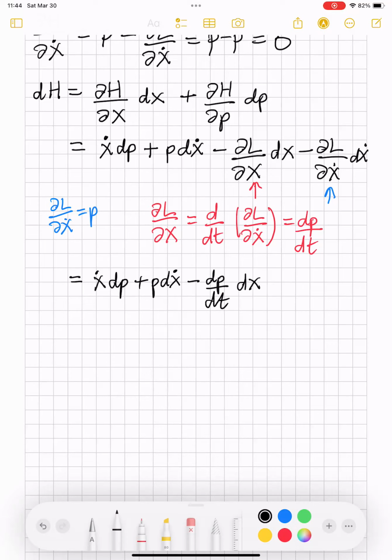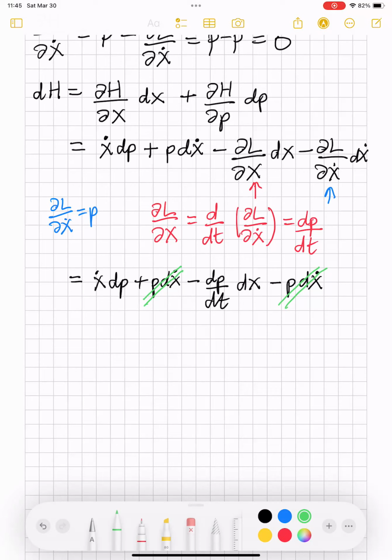And for the last term, I've got minus p dx dot by the blue replacement. This is nice. So this dx dot term over here cancels against that dx dot term over there. And I like that because I know that the Hamiltonian should not depend on x dot. So dH should only depend on dp and dx, and indeed that's what I find.